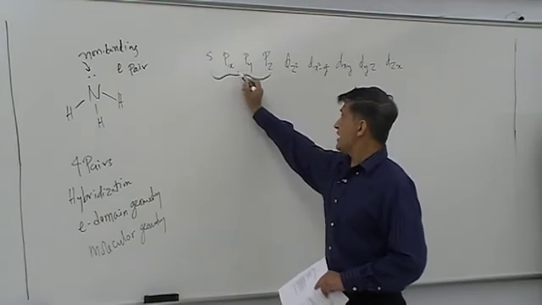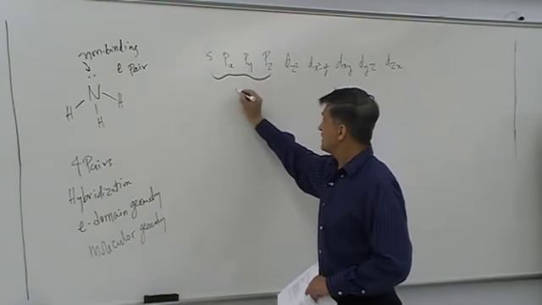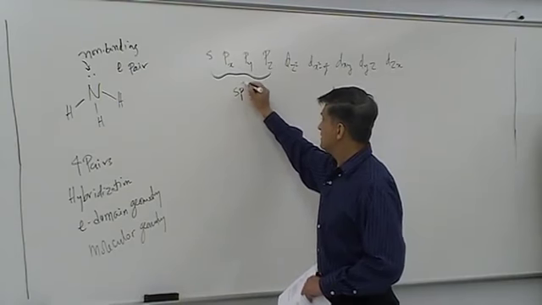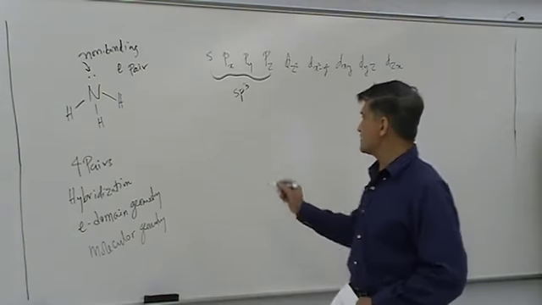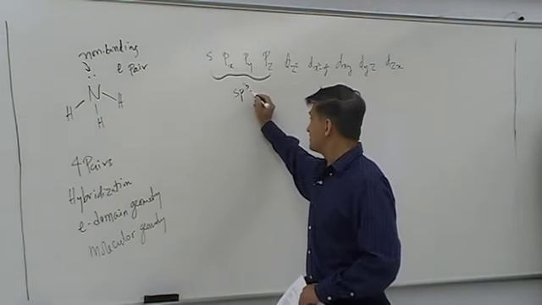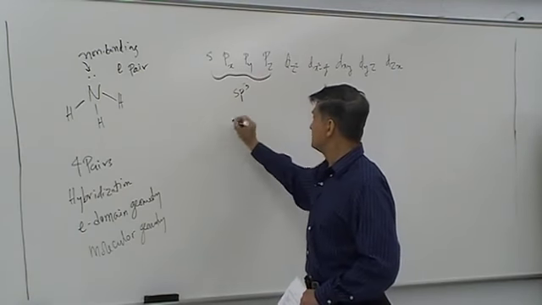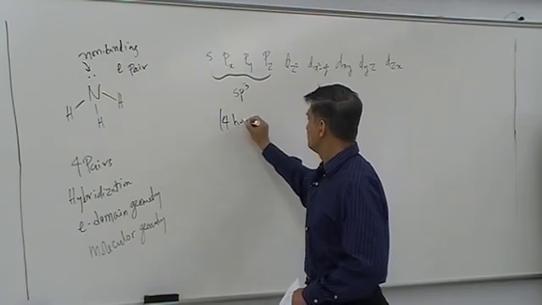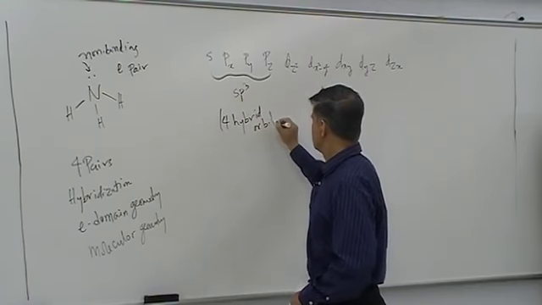So when I'm mixing s, px, py, and pz, the type of hybrid orbital is called sp3. sp3 means I combine s and 3 p orbitals, and that would give me 4 hybrid orbitals, because I mixed 4 of them.